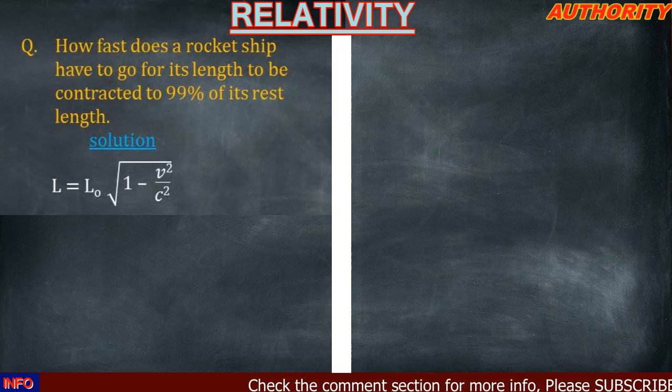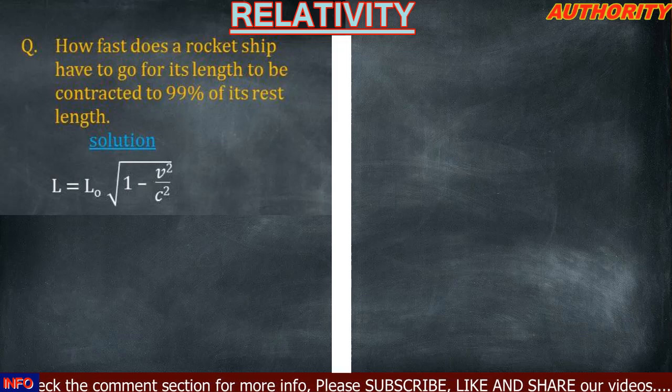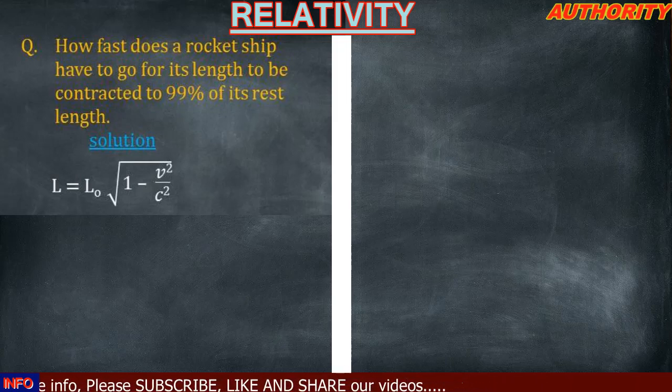Pay attention. What we are asked to calculate is the velocity, right? Good. But here, we are not given the proper length, or the contracted length. But let me show you something.